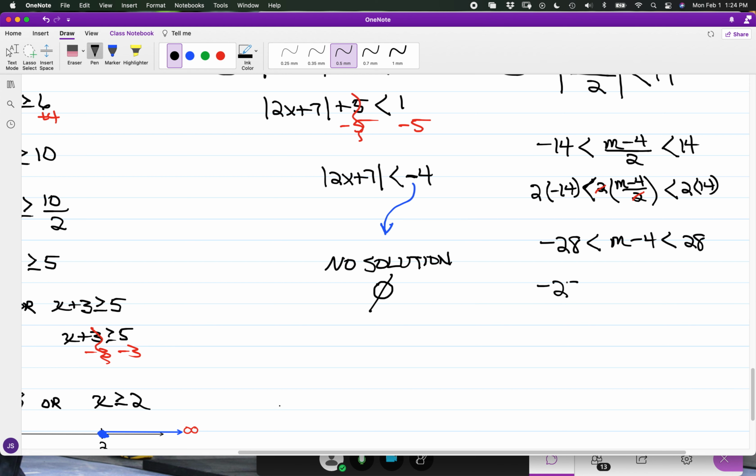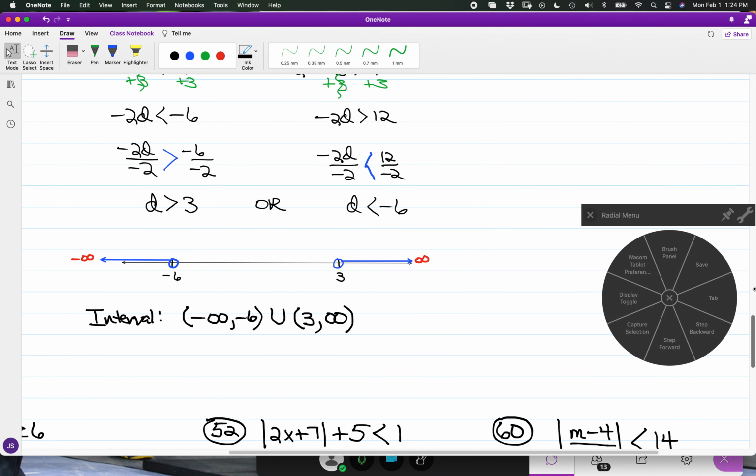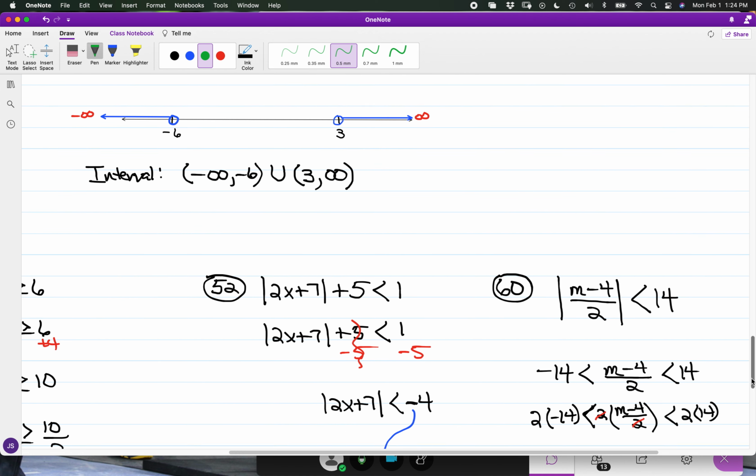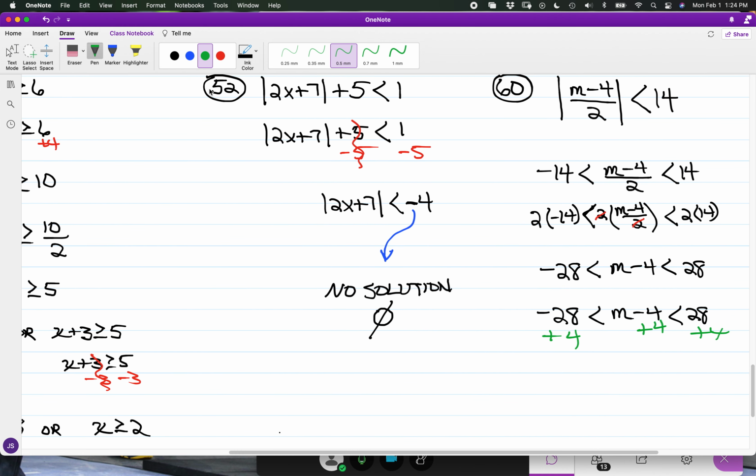And getting the m term by itself, I'm going to undo the subtraction of 4. If I add 4 in the middle, I have to do the same thing on the opposite ends. So if I add 4 throughout, -28 plus 4 comes out to -24 is less than m, which in turn is less than 32.